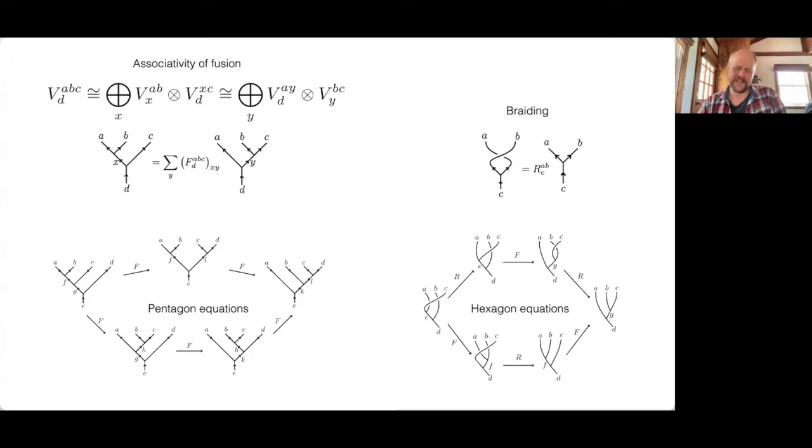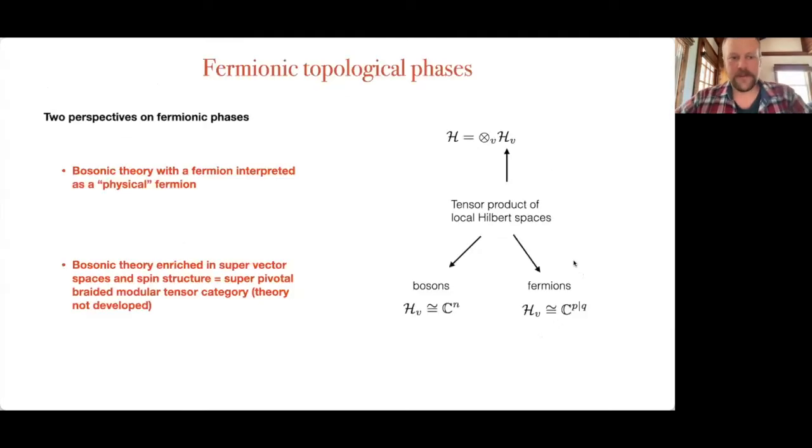The last condition we need to impose is the modularity condition, which says that every anyon must be remotely detectable by some other anyon in the theory. Meaning if we do a full braid with this other anyon, we should pick up a phase, and we should be able to detect all of the anyons in this way. That's the end of my review of bosonic topological phases in the absence of symmetry.